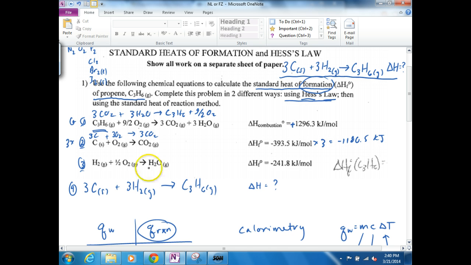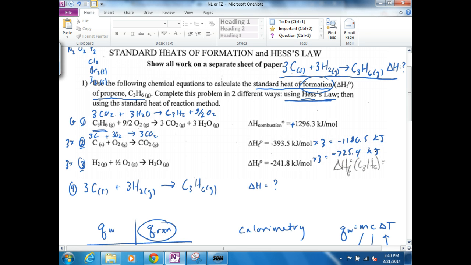Okay, and on this one here, I'm going to have to multiply by 3 also, because I need to get 3 hydrogens. So I'm going to do 3 times this, and so this is 3 times negative 241.8, which is negative 725.4.